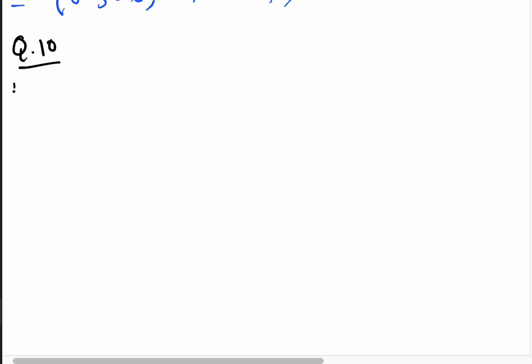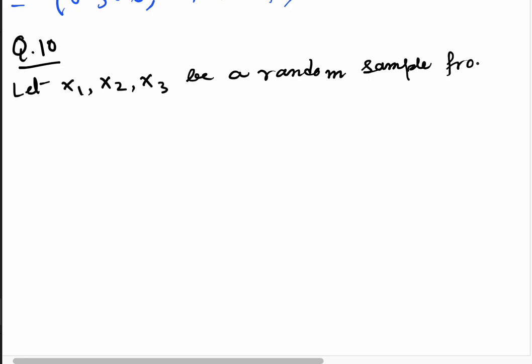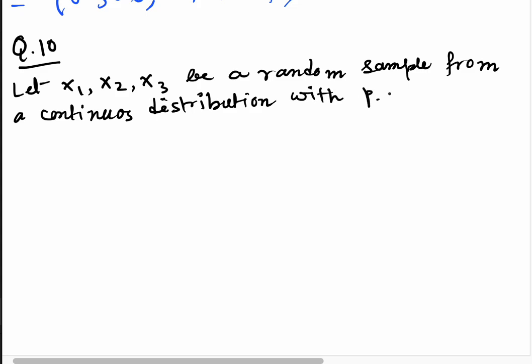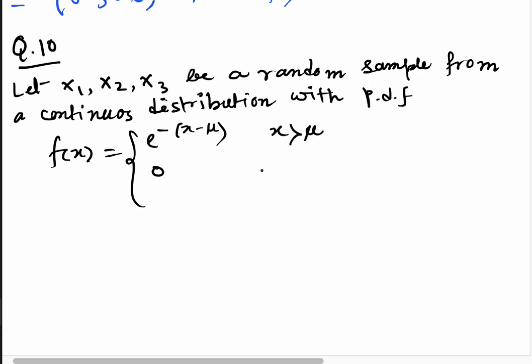Here it is asked that let x1, x2, x3 be a random sample from a continuous distribution with PDF f of x is e to the power minus (x minus mu) for x greater than mu and 0 elsewhere.